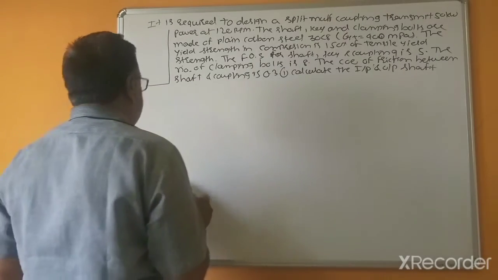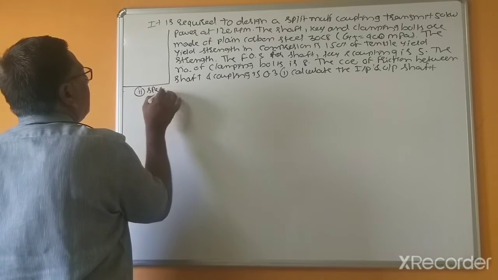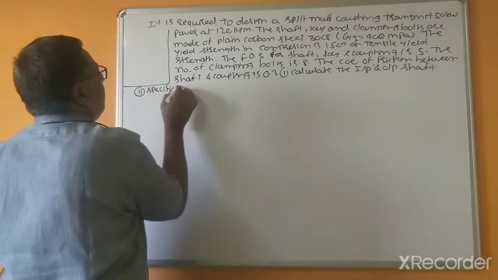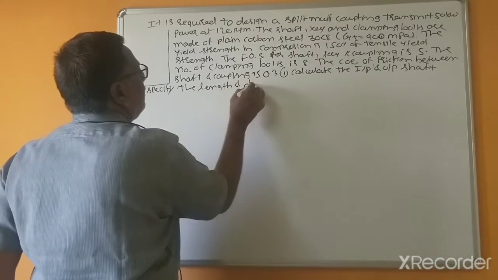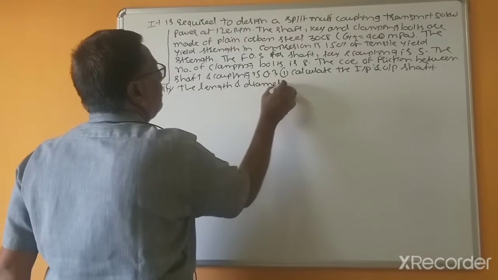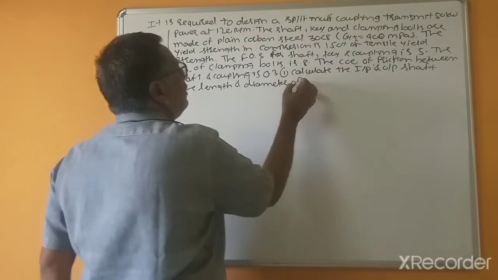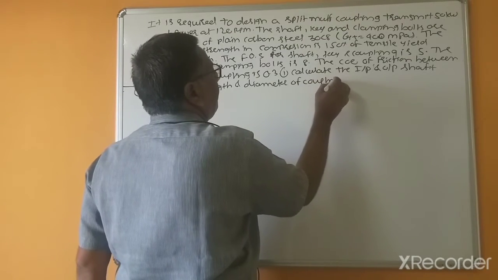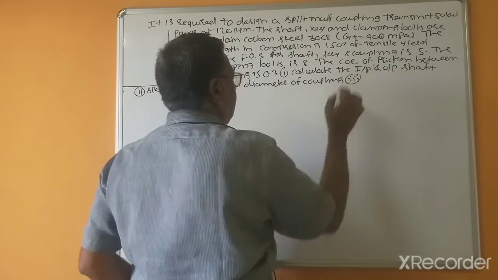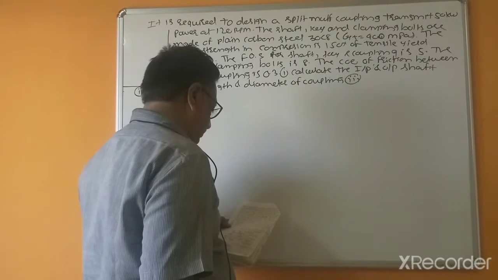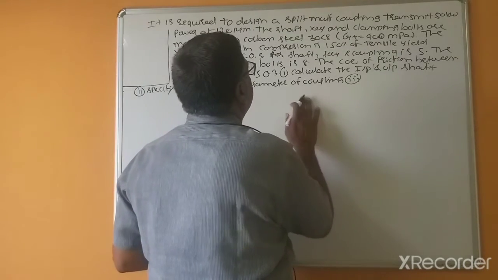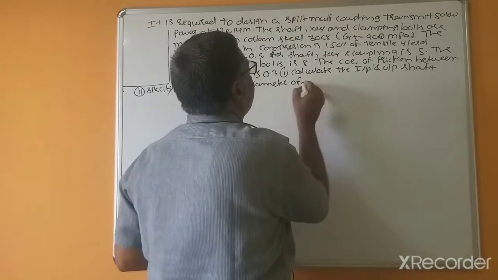Second bit, specify the length and diameter of coupling. Third bit, diameter of sleeve.